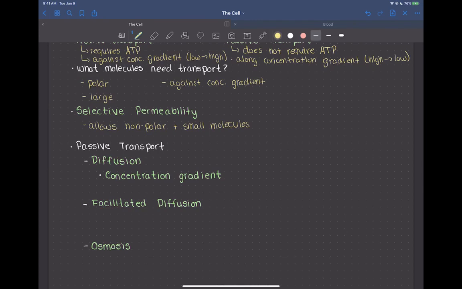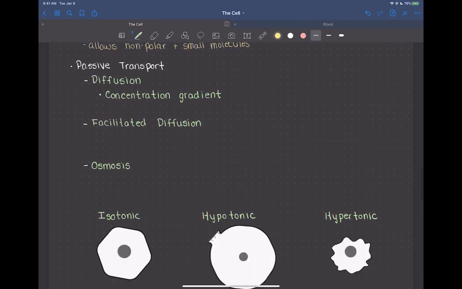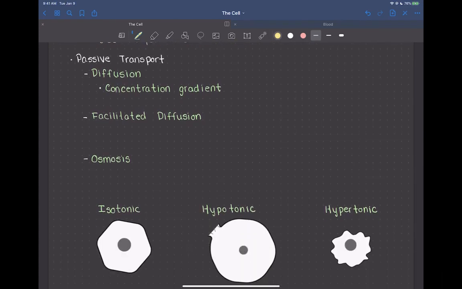All right, so remember, passive transport does not require ATP. And we're going to be going from high concentration to low concentration, all right? And so our first type of passive transport is the simplest. So this is diffusion.